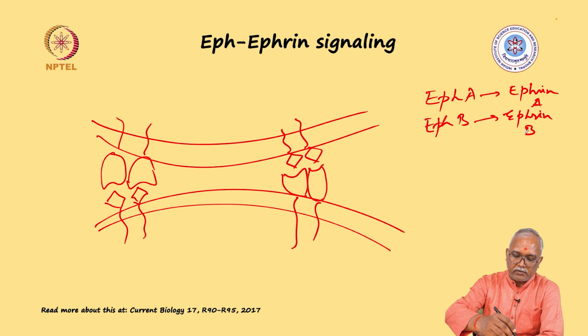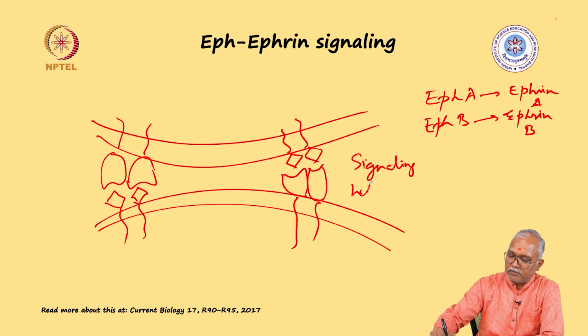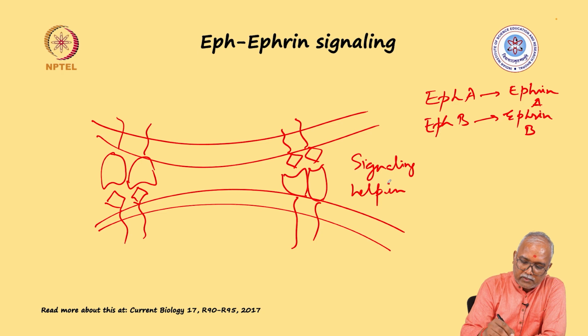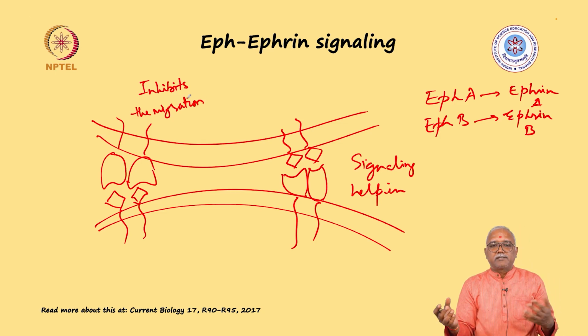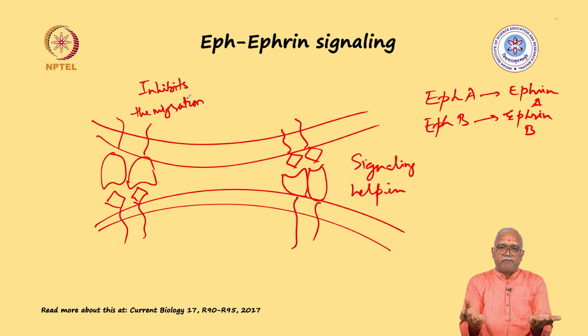So here this kind of signaling helps in the processes. If I note down, so it inhibits the migration in the cells sometimes which are in the vicinity for some extracellular cues.